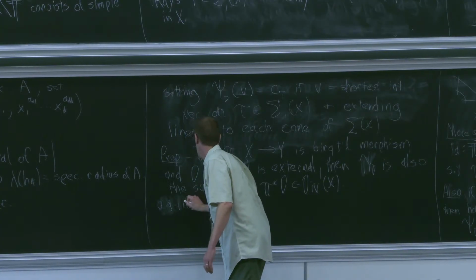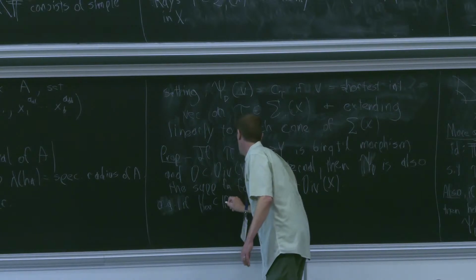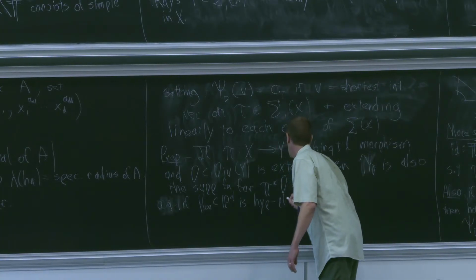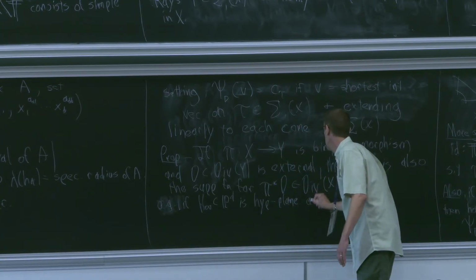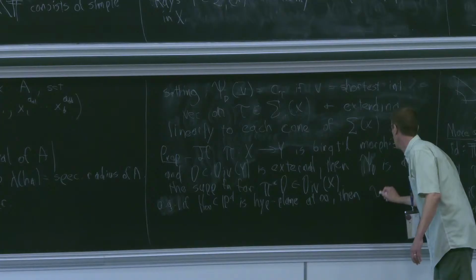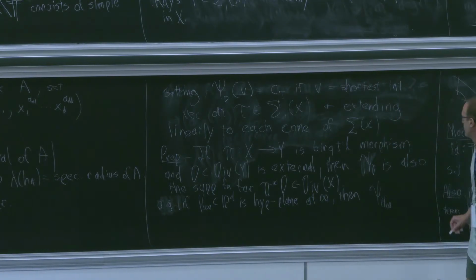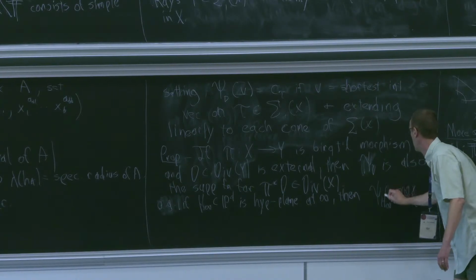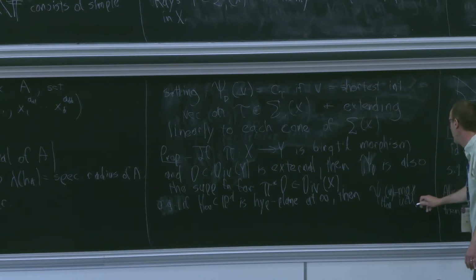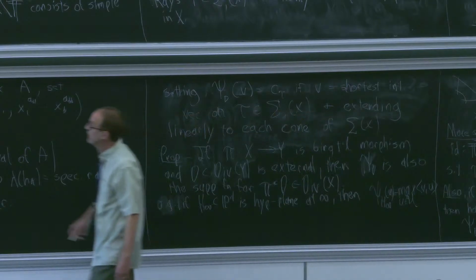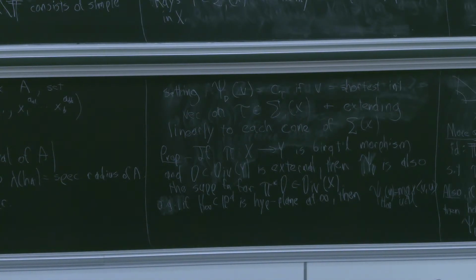E.g., if you take the hyperplane at infinity in P^d, then the support function at V is the maximum over U in U of the inner product of V and U, where U is this set.